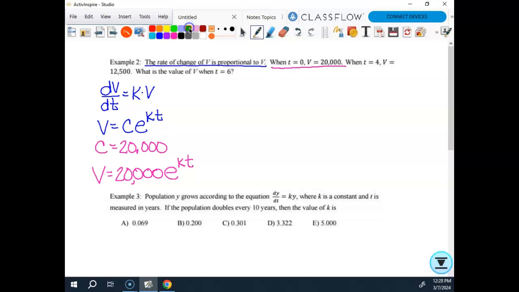Then they give me, when t equals 4, v equals 12,500, and I want to know what the value of v is when t equals 6. So what am I going to do with the information I underlined in green? Plug it in. Plug it in and solve for k. Go ahead and do that.